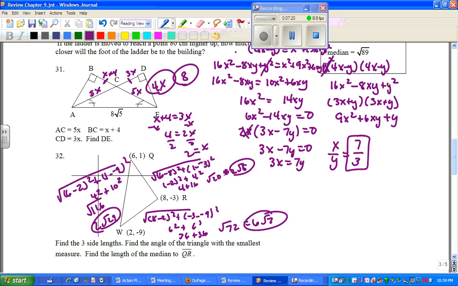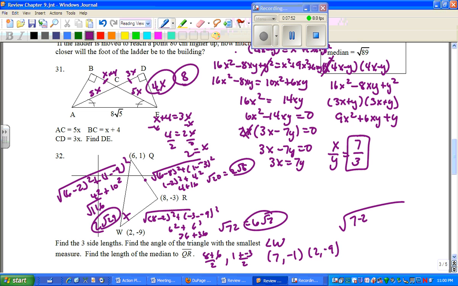Smallest angle is across from the smallest side, well, this is the smallest side over here, so W is the smallest angle. And find the length of the median to QR right here, so we need the midpoint. So I'll do 8 plus 6 divided by 2 and 1 plus negative 3 divided by 2. So we get 7 comma negative 1, and then you can do the distance formula with this and 2 comma negative 9.